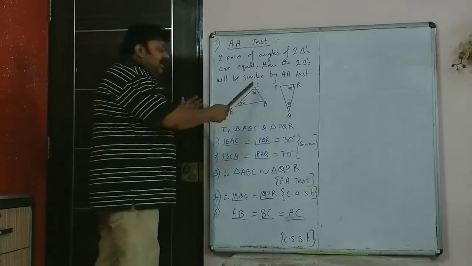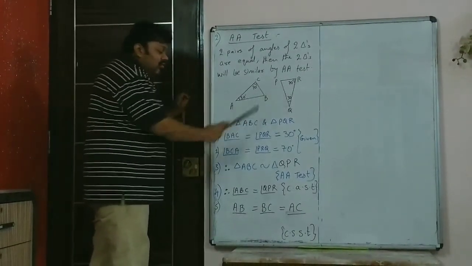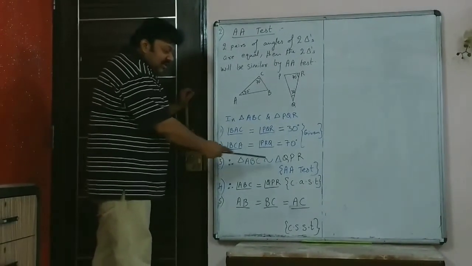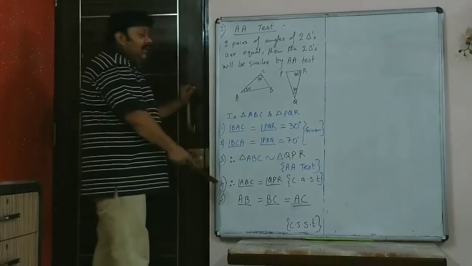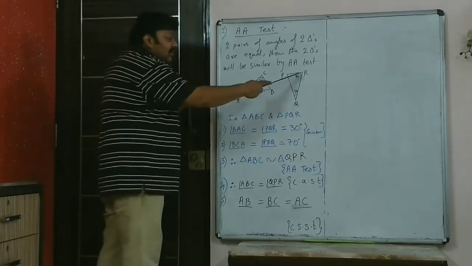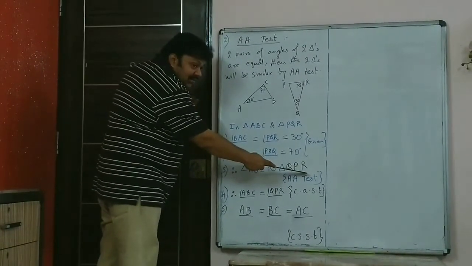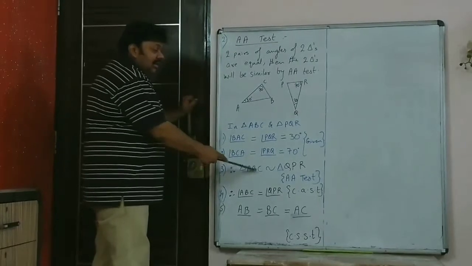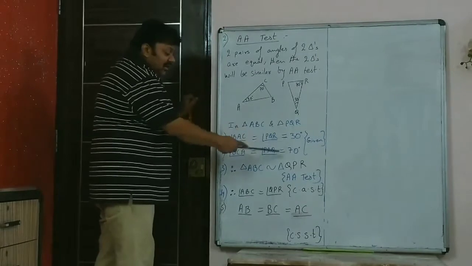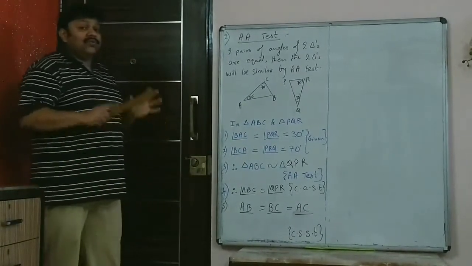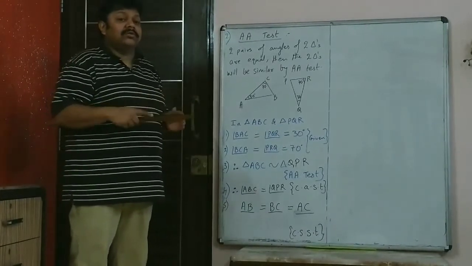So if you write triangle ABC on the left hand side, then A is equal to Q. So A is written first, so the second triangle will start not with P, it will be Q. Then you have written C is equal to R. So if you have written C third, the third alphabet there will be R. And the second letter is the missing angle, that is angle B, and there it is angle P. So you have to write the triangles similar in the correct one-to-one correspondence.